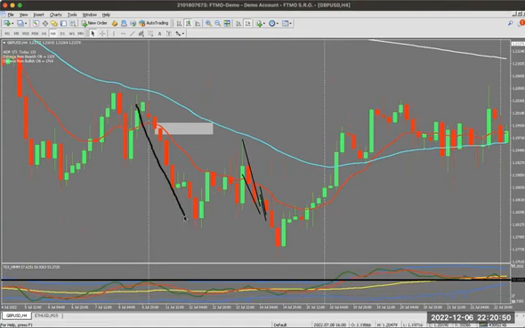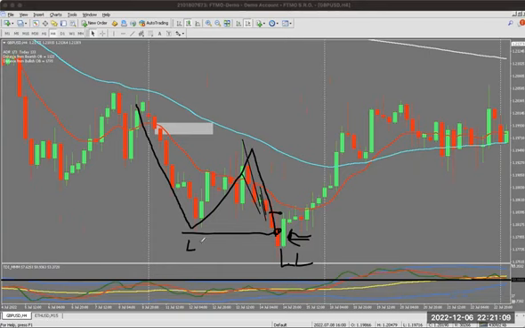Price is coming down. Lower low, lower high. When it creates this lower low here, the second candle covers the first one. It's not really the perfect one, but you can see the body of this candle has been covered by the second one. All the criteria have been met, right? With liquidity having been taken here, sell side liquidity, right? Then the price reverses and starts to push up.